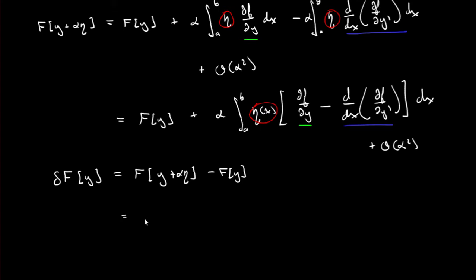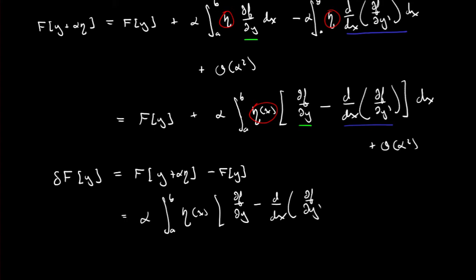That's going to be equal to just alpha integral from a to b of eta of x times our funny expression in here, df/dy minus d/dx, the derivative with respect to x of the partial derivative of f with respect to y prime, all integrated with respect to x, plus higher order terms in alpha.